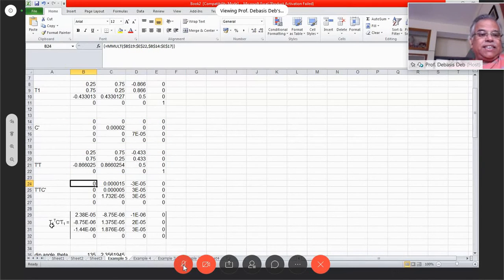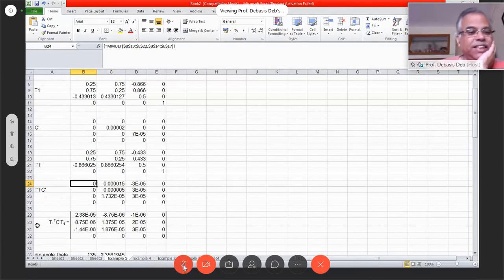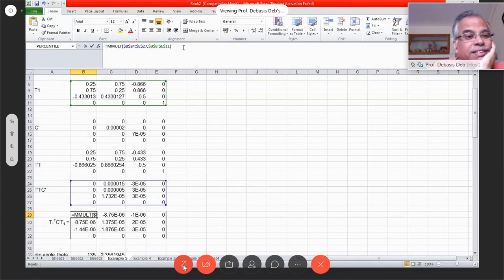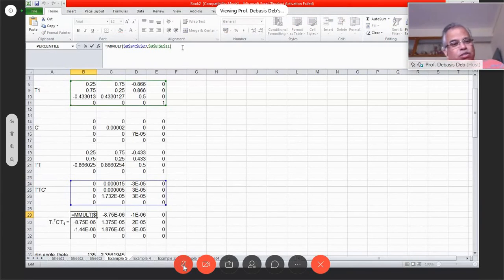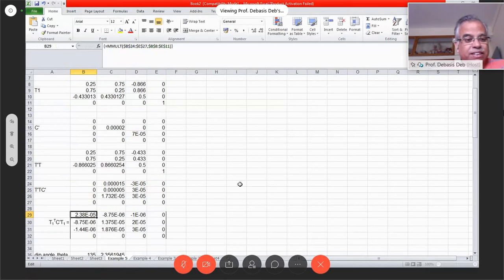Then this one, T transpose C, T1 is nothing but, you can see here again multiplied. I have just shown you separately; I could have done everything together. And then this one will be this multiplied by T again. So that gives us this.